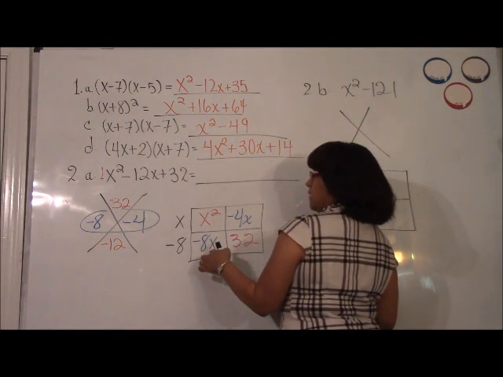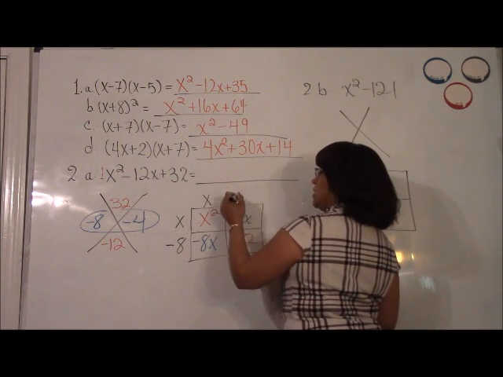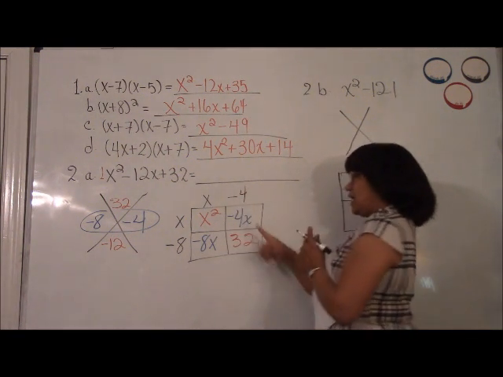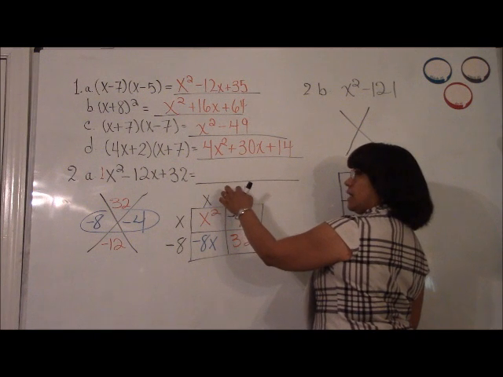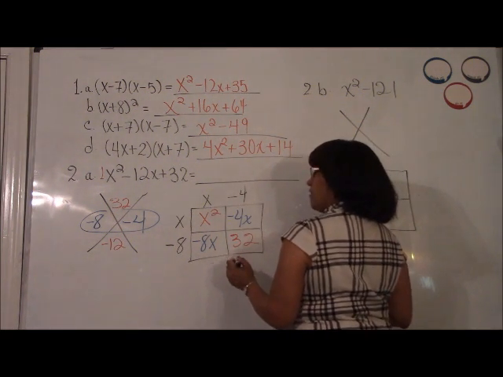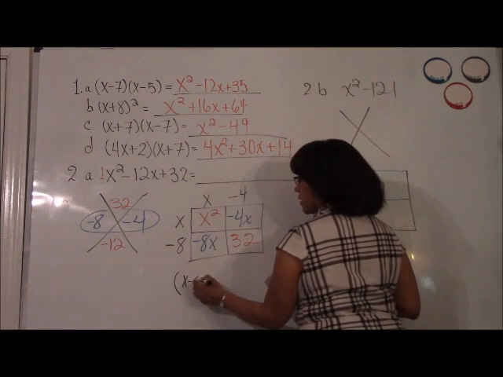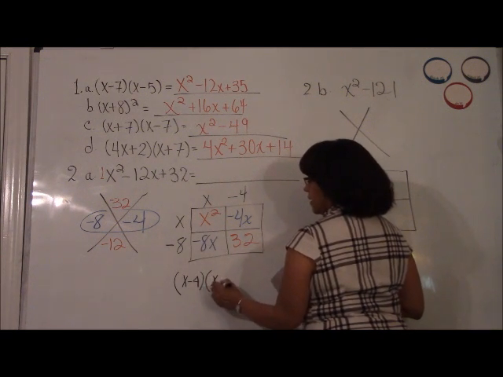x squared and negative 8x has a GCF of x. And negative 4x and 32 has a GCF of negative 4. You have to take a negative 4 because that's the first term. So whatever's in that first box where you're actually doing your GCF, that's the sign that goes up there. So we have our answer: x minus 4 times x minus 8.